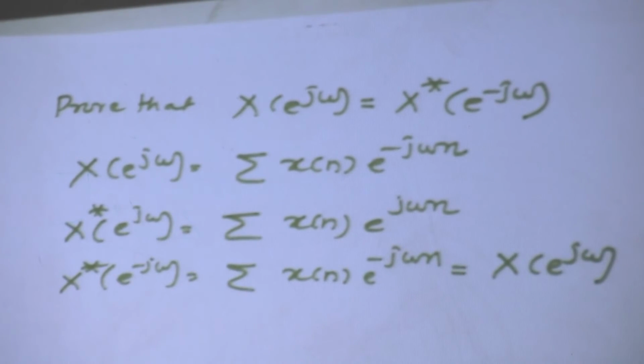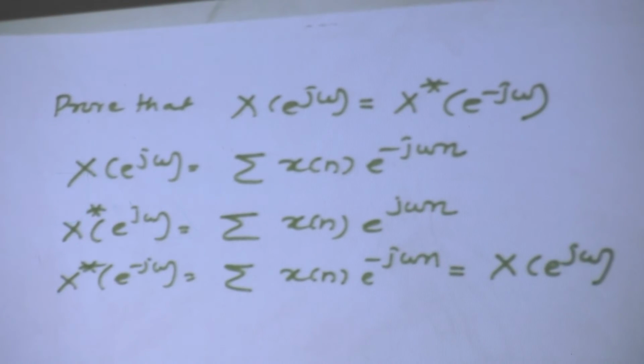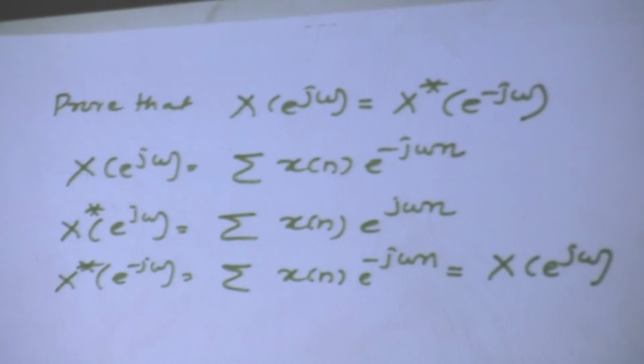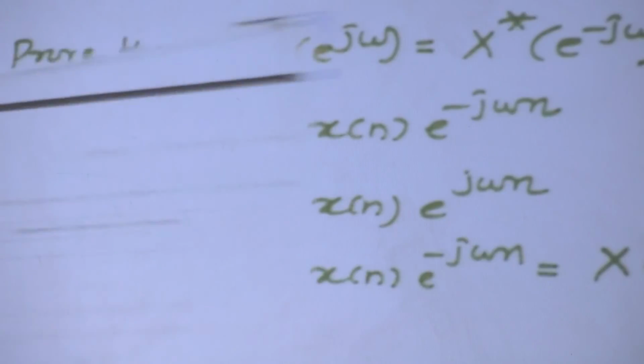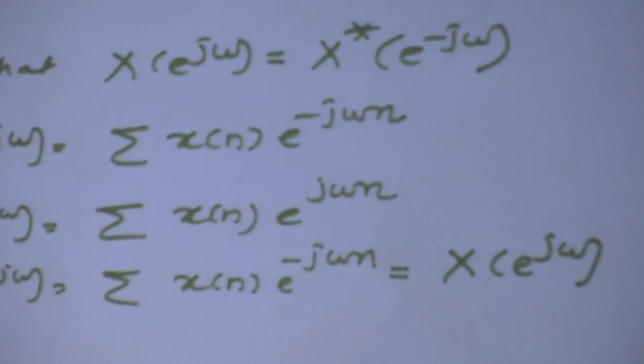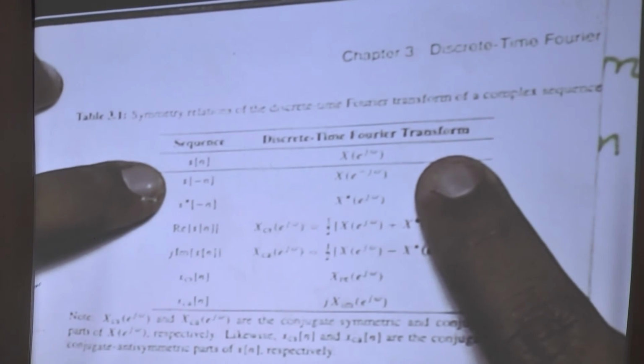Okay. Let us take a few more properties. The sequence is x[-n]. The Fourier transform is X(e^{-jω}).